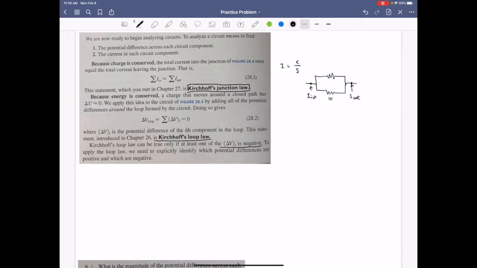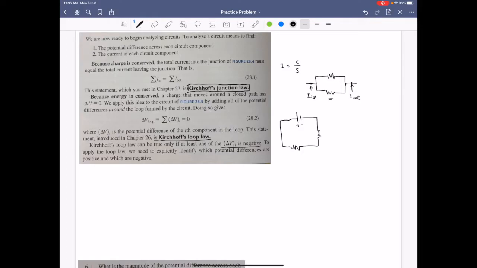The first part, delta V loop, says that in a complete circuit, when you add up all the different components' potential differences, it should equal 0.